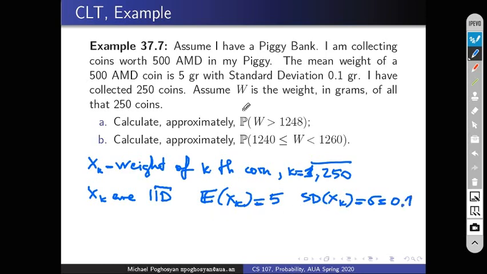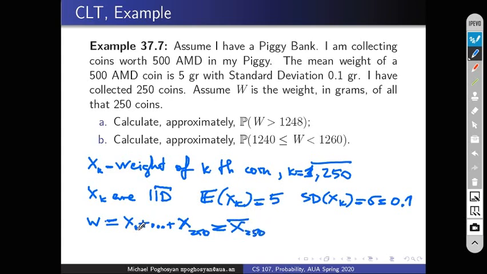Now I need to calculate this probability with W. W is the weight in grams of all those coins. So W is just the sum of the weights, X1 plus etc. plus X250. So in our terminology, this will be related to the average, X bar 250.